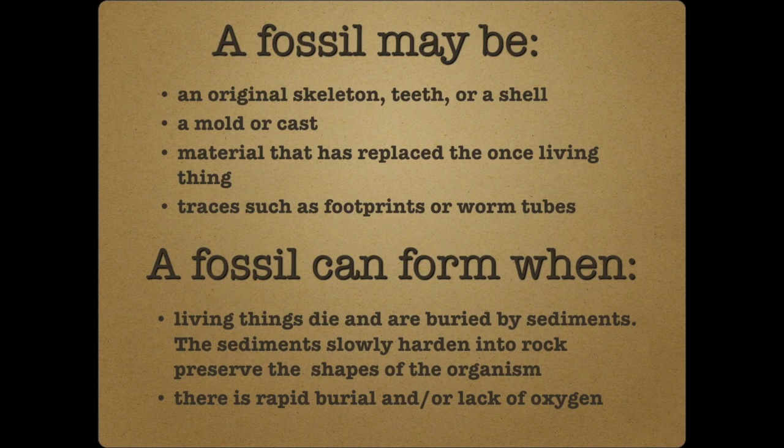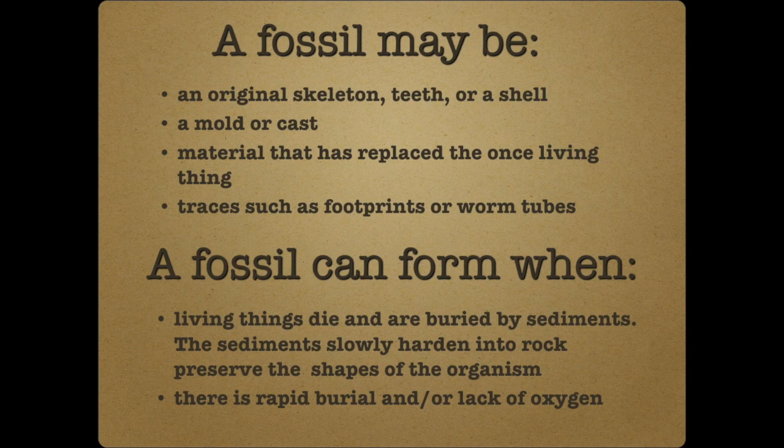Now, a fossil can form basically in two ways. Number one, when living things die and then they're buried by sediments piling over them. This can happen very quickly when maybe there's a flood or some sort of burial of the organism by sediments. The sediments slowly harden into rock with pressure, and basically they preserve the shape of the organism.